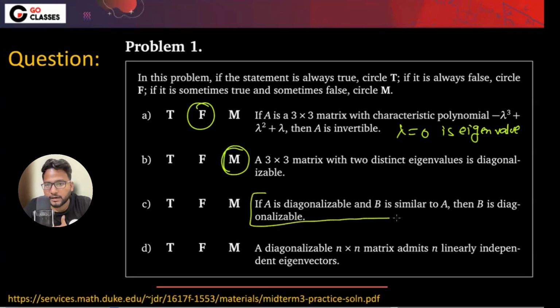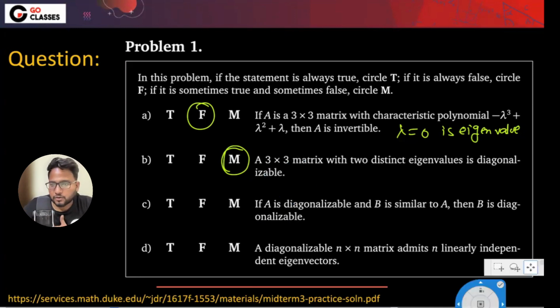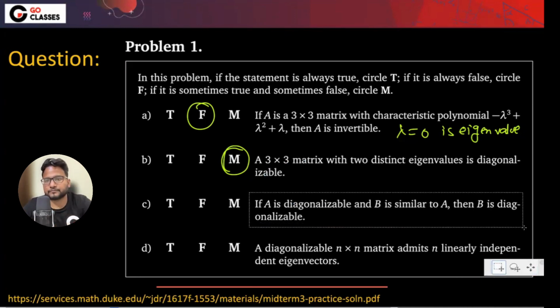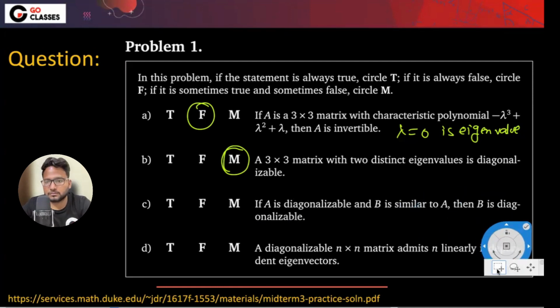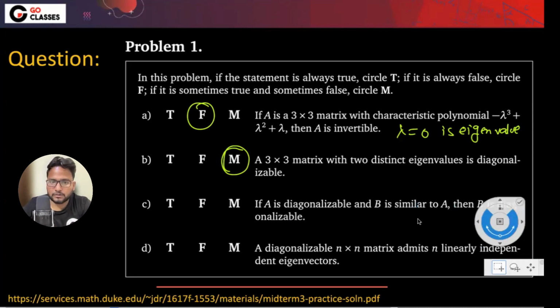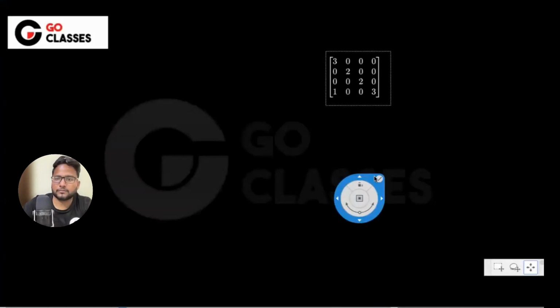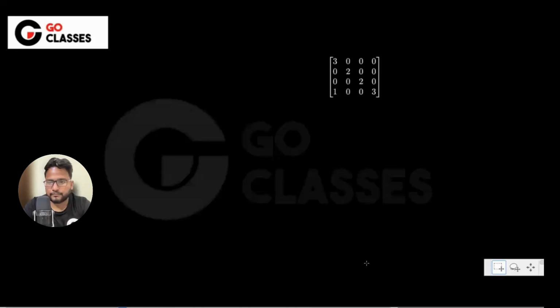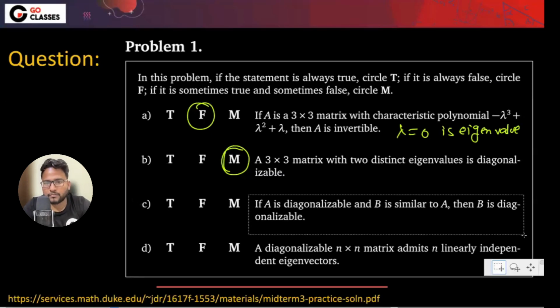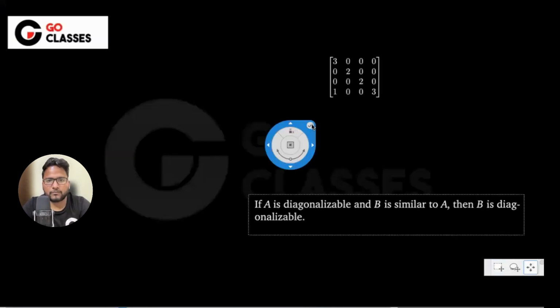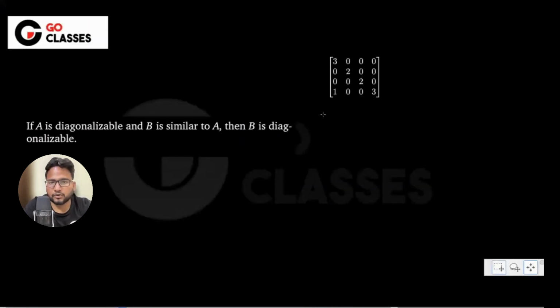If A is diagonalizable and B is similar to A, then B is diagonalizable. So what they're saying is that if A is diagonalizable, right? Let's just go to the next page and see what they're trying to say. Okay, some people are saying, I think most of you are saying it is true.